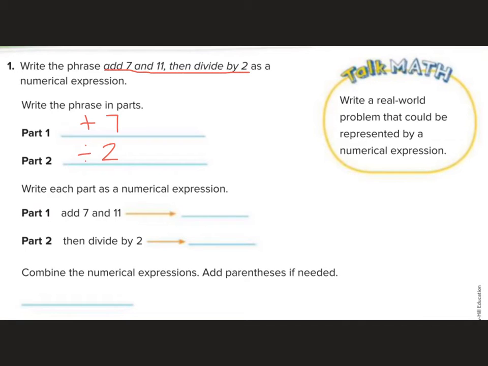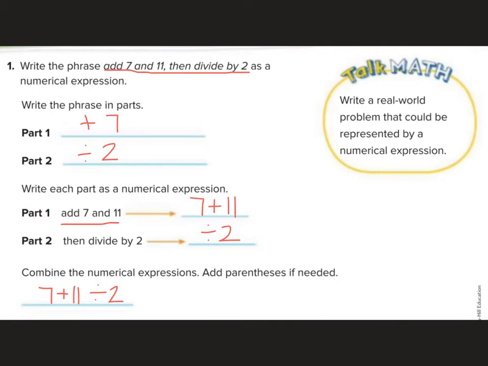I'm going to add 7 and 11. Then I'm going to divide by 2. So here we go. I'm going to write add 7 and 11, so 7 plus 11. Then divide by 2. So if I combine them all together, I'm going to have 7 plus 11 divided by 2.